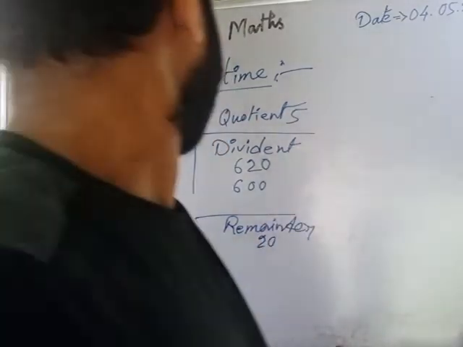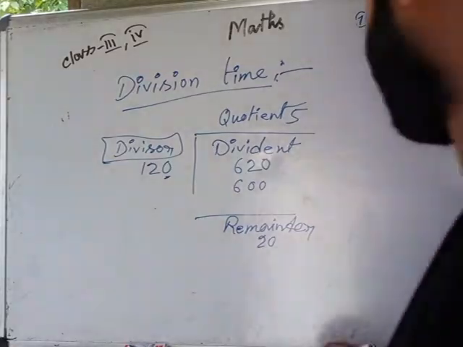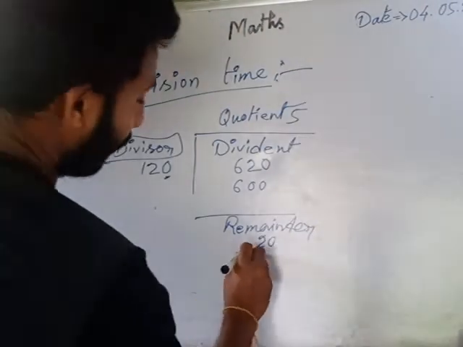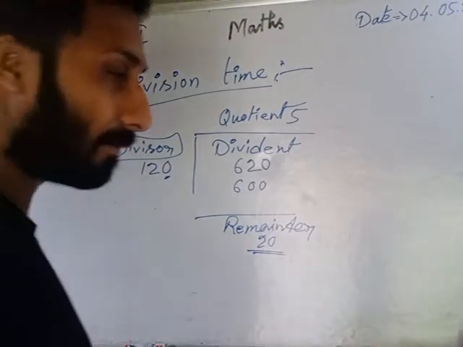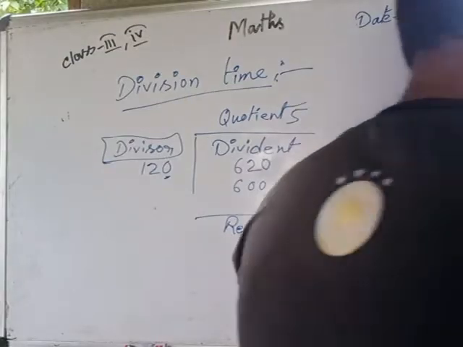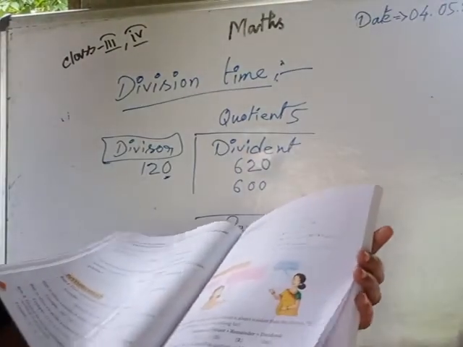Okay, that means 120 is the divisor and the dividend is 620, the quotient is 5 and the remainder is 20. That means we are getting 20 left after division. That's why 20 is the remainder. Okay, there are many divisions in class 4 books, and class 3 also the same.